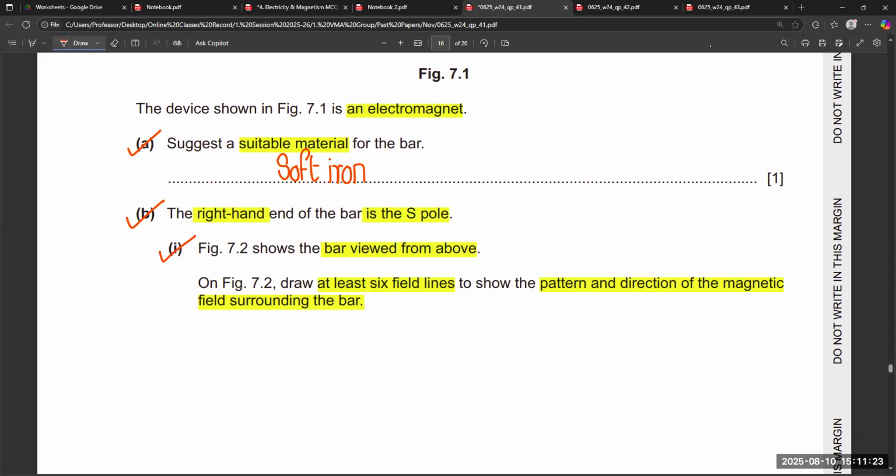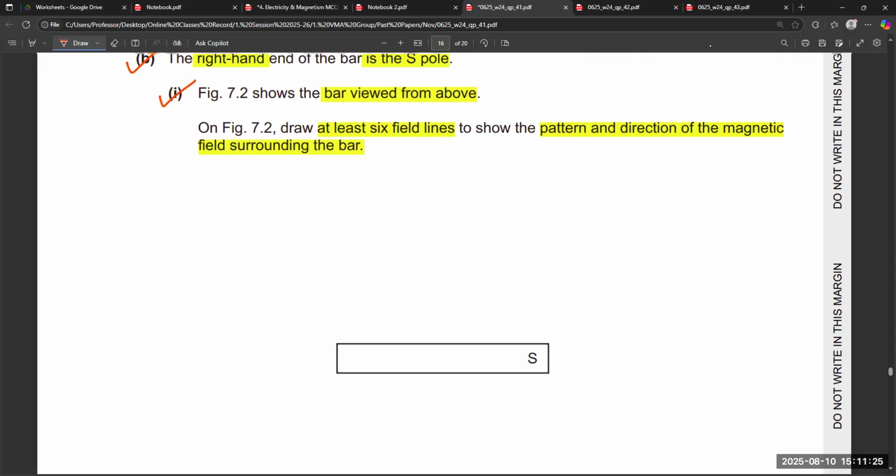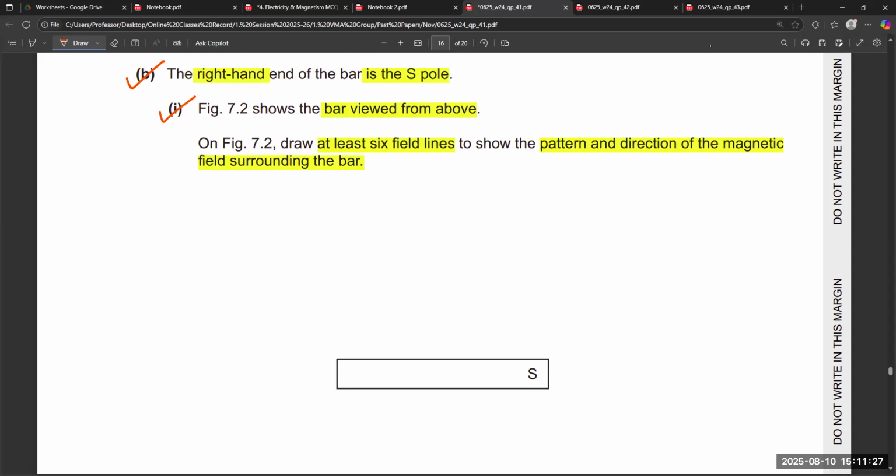So this is 7.2. Right side is the south pole, so definitely the left side will be the north pole. This is a very easy question and this is from the 2024 paper.